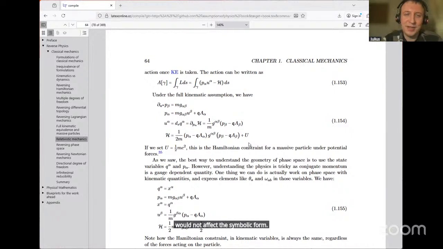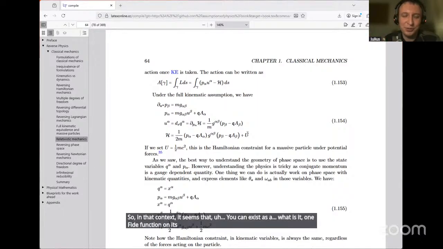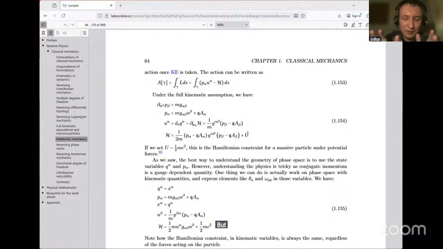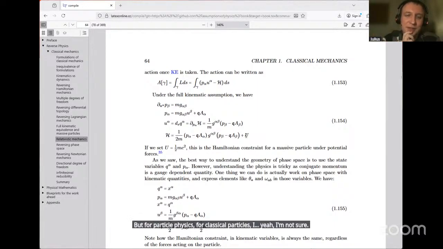So it would not appear as the vector potential or the curvature derived thereof, but it would affect dynamics because we have the differential of the Hamiltonian. So in that context, it seems that U can exist as a bona fide function on its own without pushing it into the vector potential. But for individual classical particles, I'm not sure if that's the case.